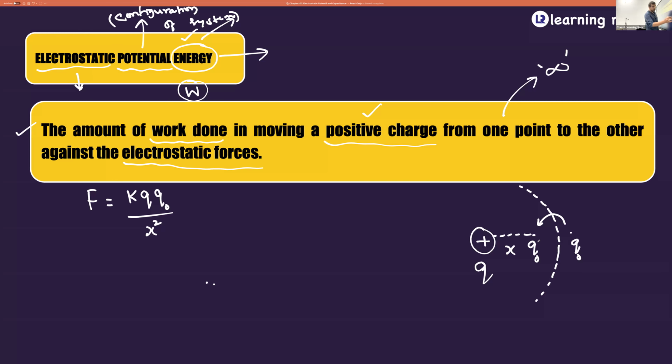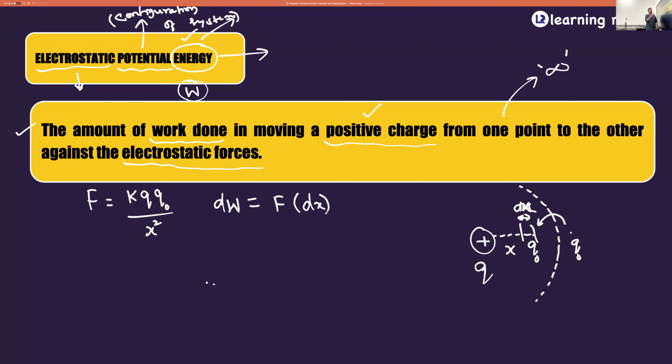Now, if I move this charge through a small distance, dx, then there is a small amount of work done, which is given as dW equals F into dx.